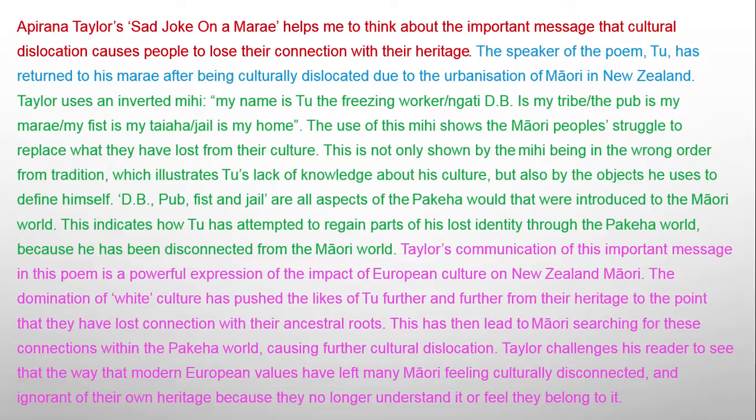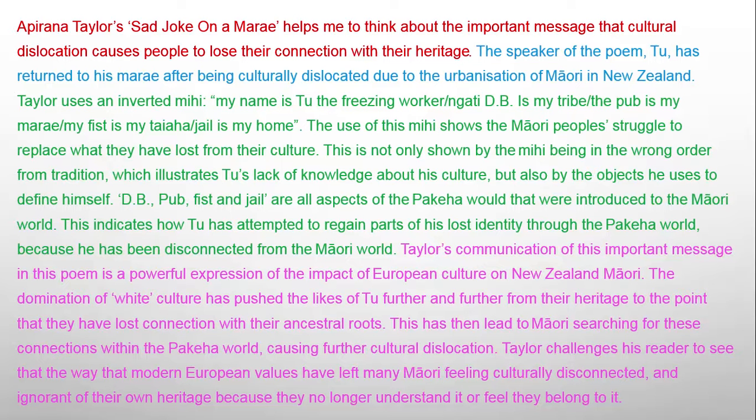My example. Taylor uses an inverted mihi. My name is Tu the freezing worker. Ngāti DB is my tribe, the pub is my marae, my fist is my taiaha, jail is my home. The use of this mihi shows the Māori people's struggle to replace what they have lost from their culture.